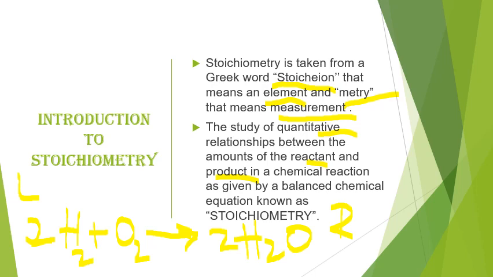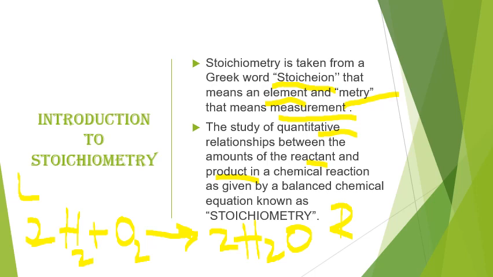Now, how to say quantitative? What is the quantitative relationship in this equation? We will say 4 grams of hydrogen reacts with 32 grams of oxygen and produces 36 grams of water. So this is the quantitative relationship.